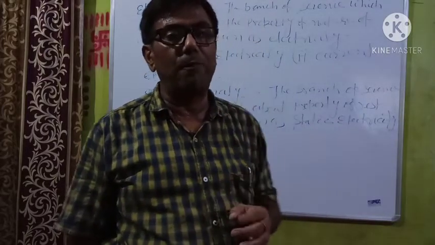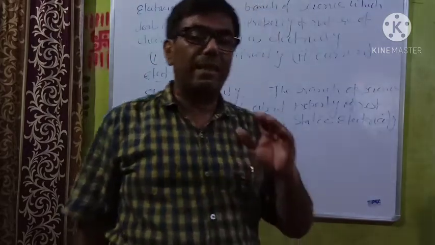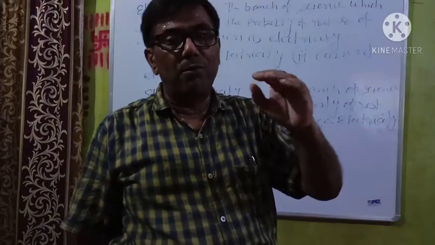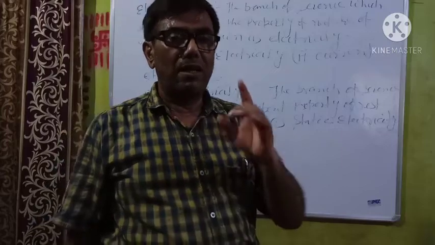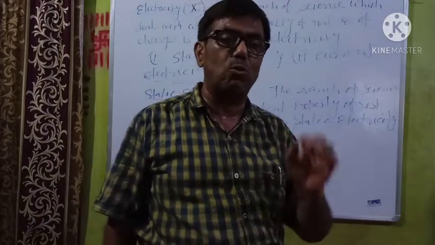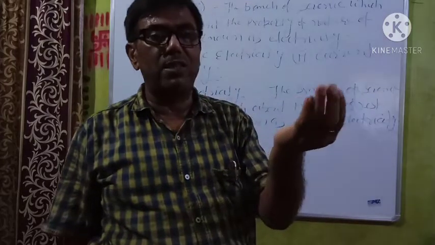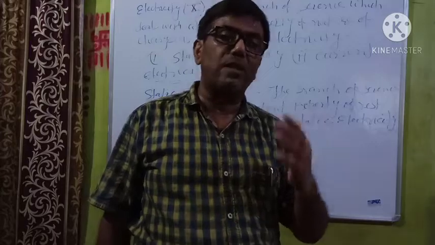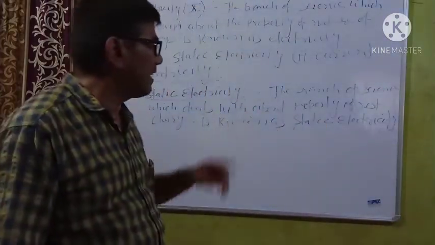In the same way, when a glass rod is rubbed with silk cloth, the glass rod has a position above the silk cloth in the reactivity series. For this reason the glass rod has a tendency to lose electrons and the silk cloth has a tendency to gain electrons, so the glass rod acquires the positive charge and the silk cloth acquires the negative charge.